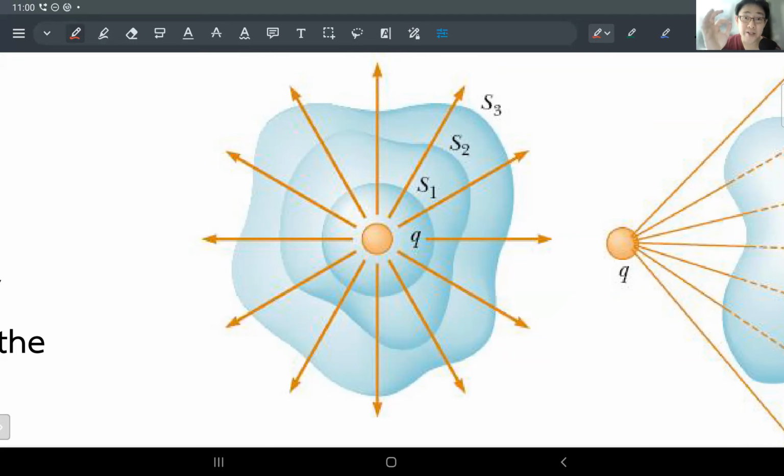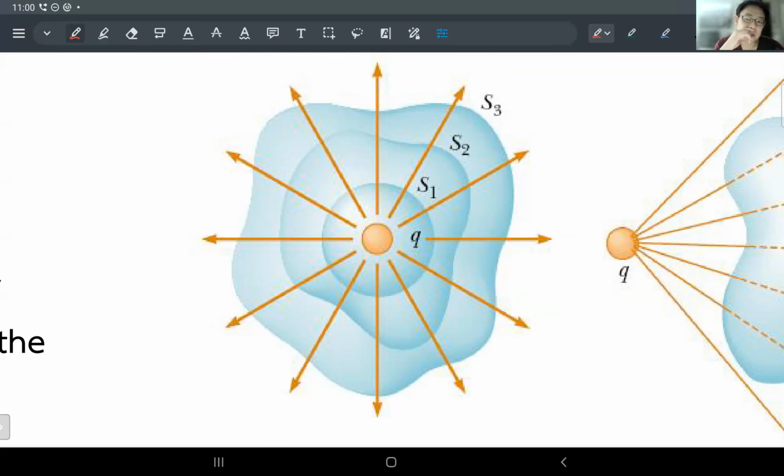Which one has the highest amount of flux through it? What do you think? Do you think S1, S2, or S3? Which one gets the highest amount of flux through it?